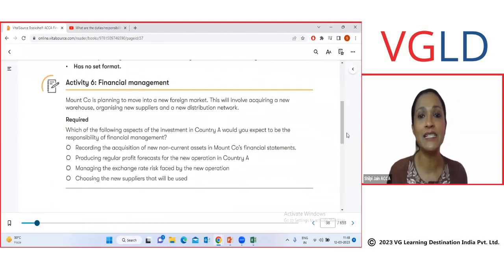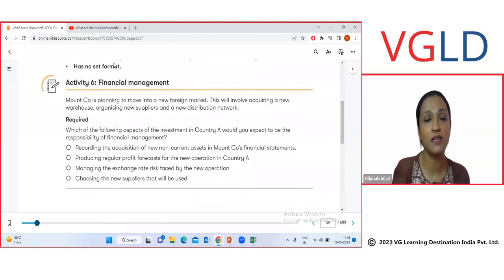Quickly have a look at activity 6 then. Quickly pour in your answer.